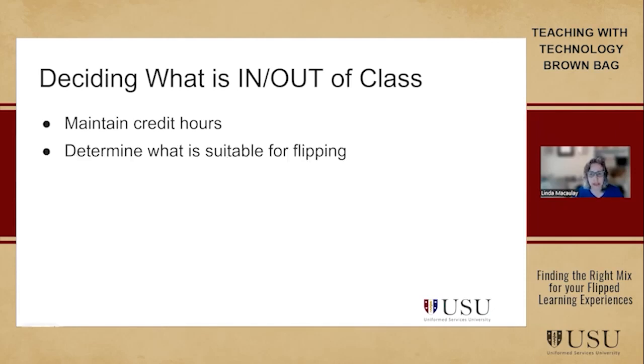You also need to consider what is suitable for flipping. So you don't need to flip an entire course. You can just flip pieces of your course that are best suited for flipping. Certain topics are easier than others. Certain types of activities are easier than others.